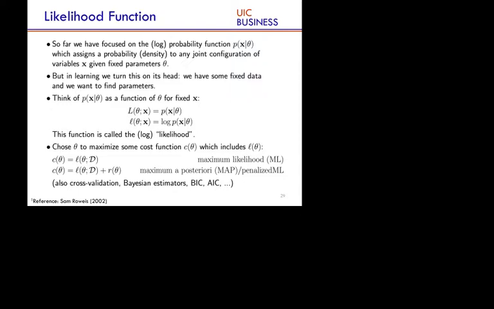So you must have done maximum likelihood estimation of parameters of simple one-dimensional continuous or discrete random variables, right? Like maximum likelihood estimation of, let's say, the bias of a coin. You flip the coin, let's say 100 times, it comes up heads 45 times, and tails 55 times. Then you know how to estimate the parameter, in this case the bias, using the data, right? So this is what you would solve.